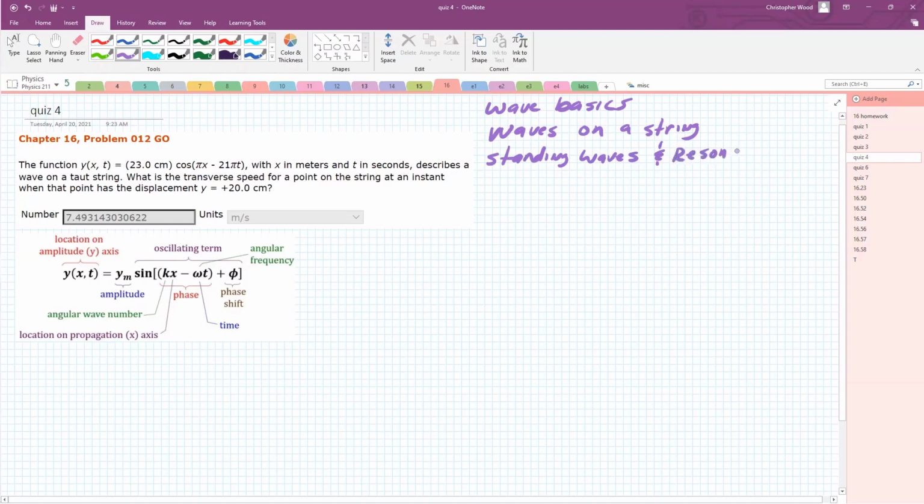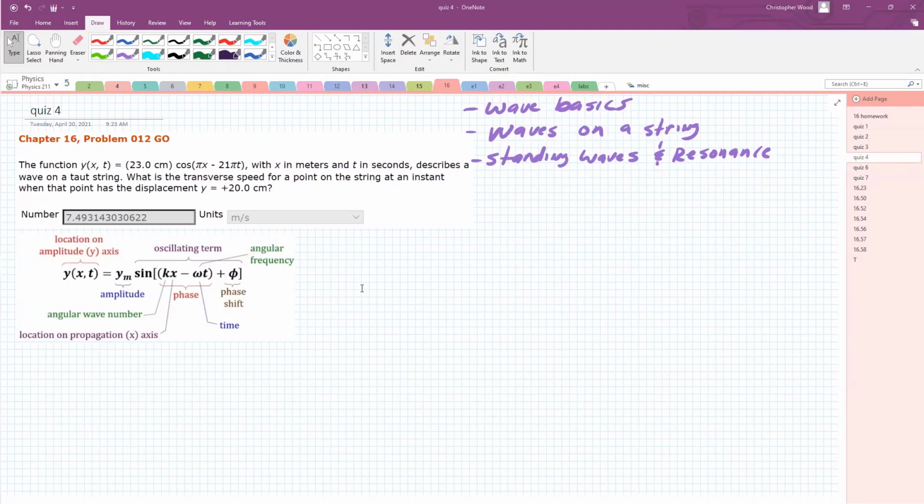So probably we'll spend a decent amount of time on Thursday doing more of these quizzes. But these are the 3 fundamental subtopics of this chapter. I think most of today is dedicated to wave basics and waves on a string.